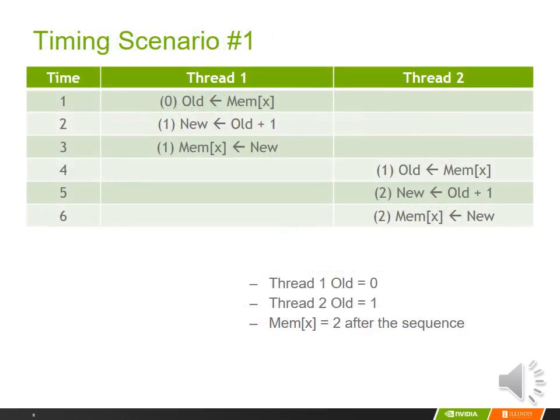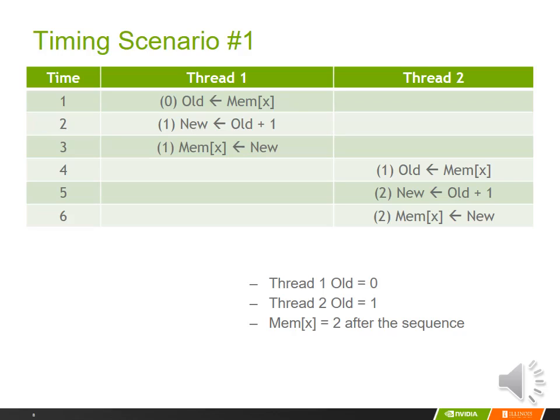In the next 4 slides, we will show the potential timing scenarios between the execution of thread 1 and the execution of thread 2. In scenario 1, thread 1 will complete its read, modify, write sequence before thread 2 starts its sequence.